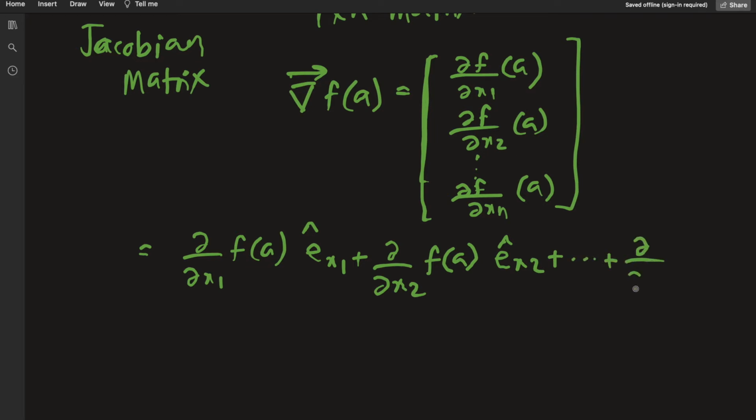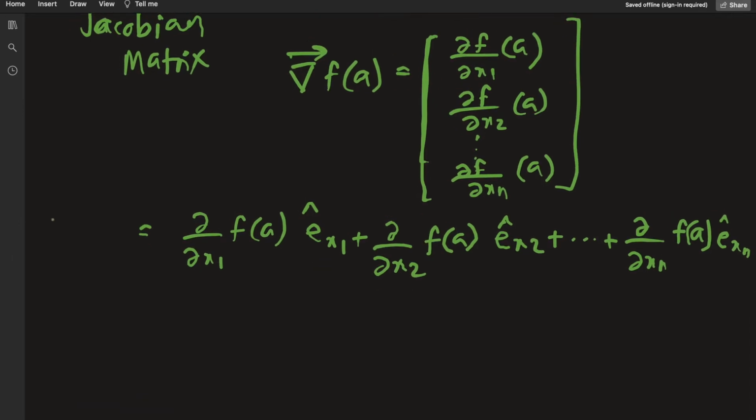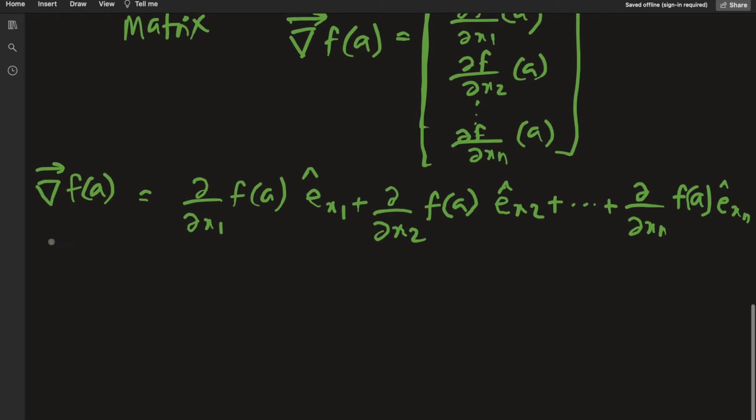So this clearly shows you that this is a vector. That is precisely the gradient evaluated at a of f. Let me just write that down. This is the gradient of the function f.